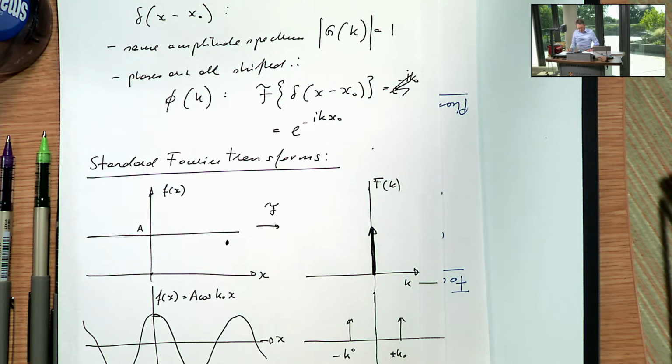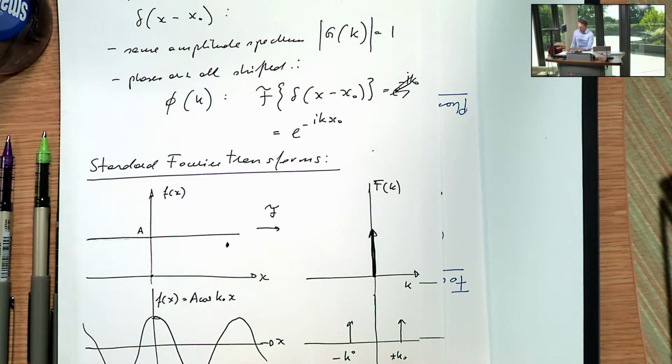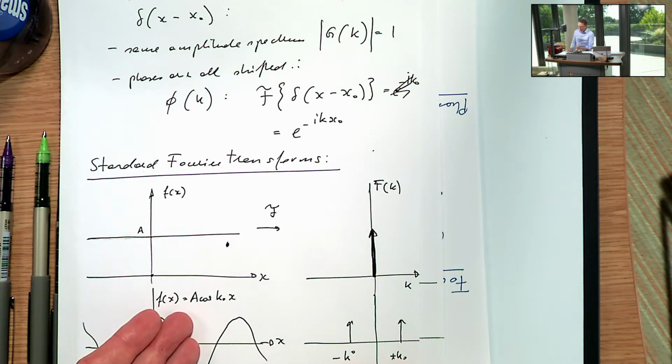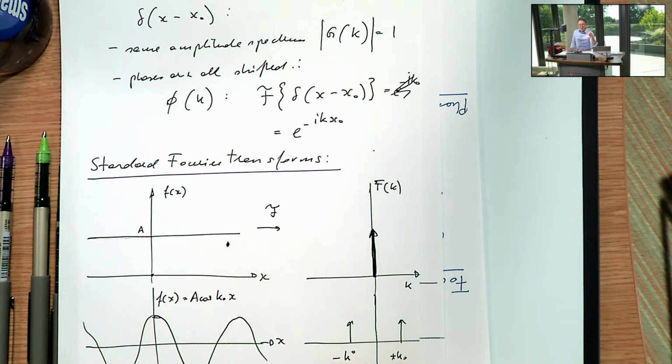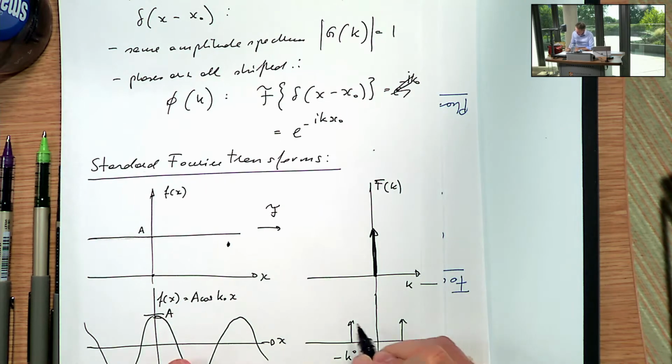If you think about this, you will have frequencies e to the i k naught x plus e to the minus i k naught x. And if you think of this as a real function, the cosine function, if I take these two complex numbers together, e to the i k naught x and e to the minus i k naught x, then I end up with a cosine k naught x. In fact, I end up with 2 times a cosine k naught x. So what I need to do is reduce the amplitude of these. So if this is amplitude A, I need to make these amplitudes A over 2.